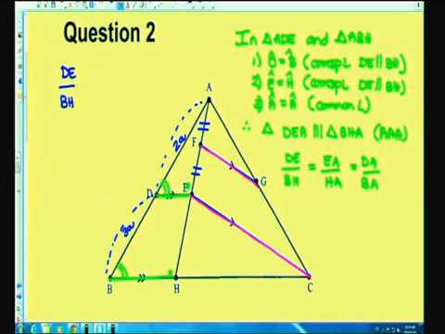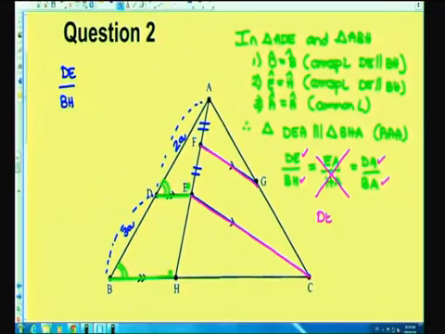Right, so now we're in a position to actually see what we've got. So what I normally do is I look at this picture and I say, right, I'm looking for DE, so I want to have that one in. I'm looking for BH, I want that one in. EA, I know nothing about except for the fact that it's divided in half by F. And HA I know nothing about at this moment, so I can erase that one for now. But DA I know is 2A, and BA I can find in terms of A. So those are the ratios I've got to work with.